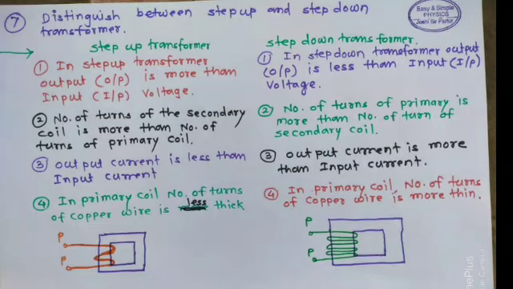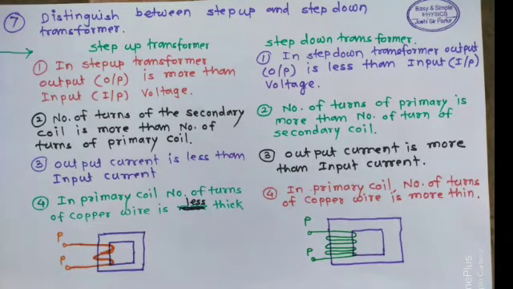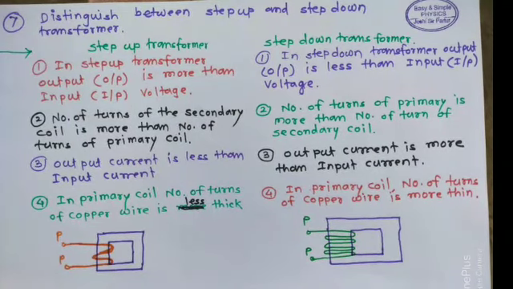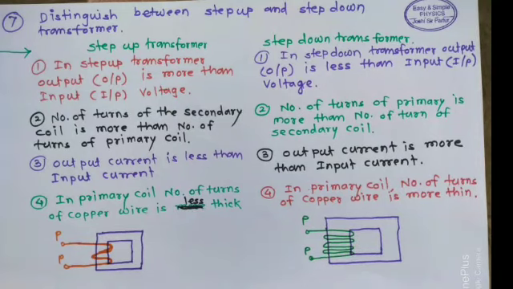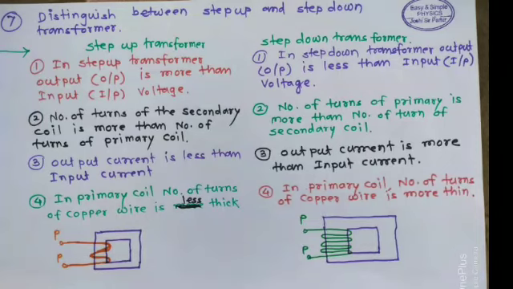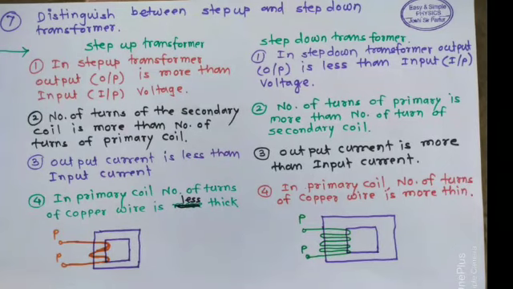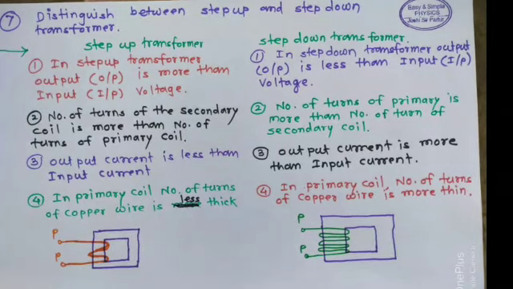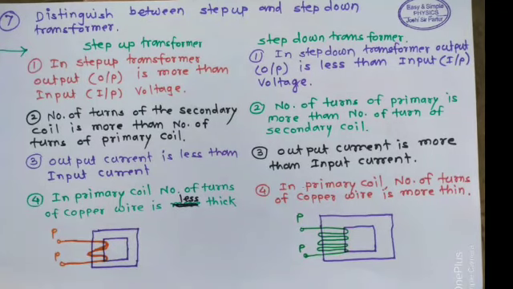Number 2: number of turns in secondary coil is more than number of turns in primary coil, whereas in step down transformer number of turns in primary is more than number of turns in secondary.